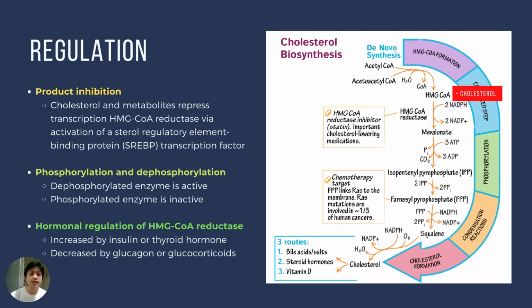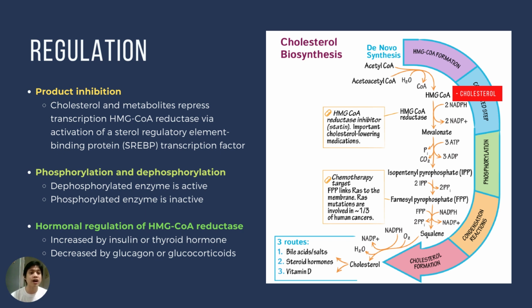Cholesterol and its metabolites repress transcription of the rate-limiting enzyme, HMG-CoA reductase, via activation of SREBP, or sterol regulatory element binding protein. So if you already have produced cholesterol, the levels of HMG-CoA reductase will go down, and that will also slow down cholesterol biosynthesis. Again, because you already have cholesterol, it is a form of negative feedback.